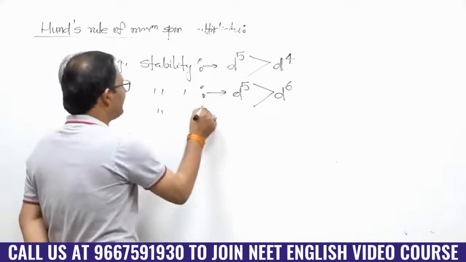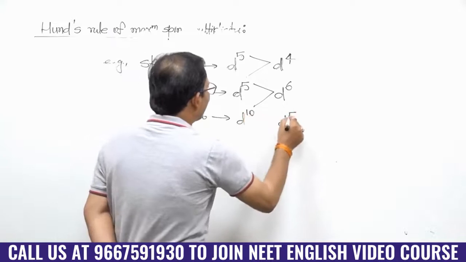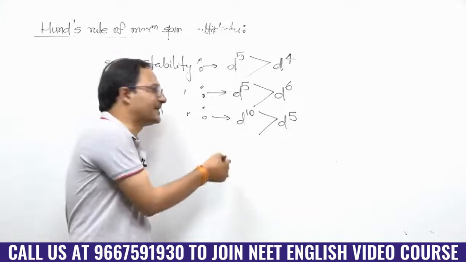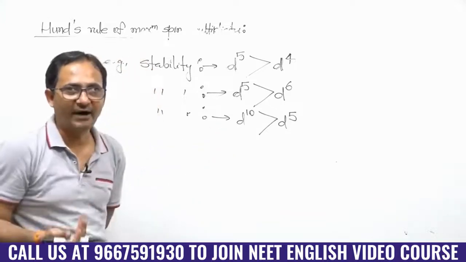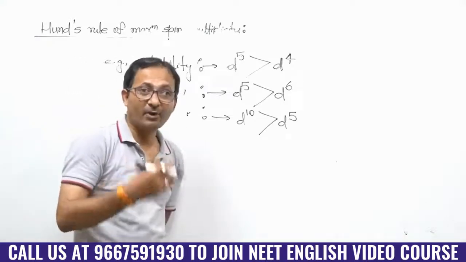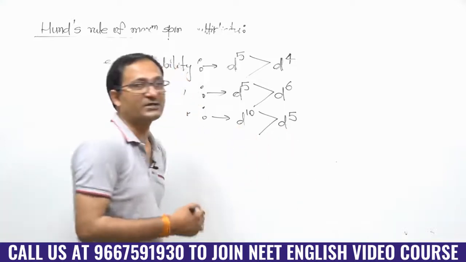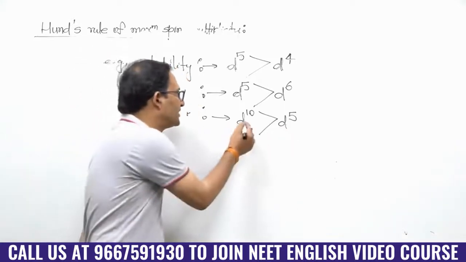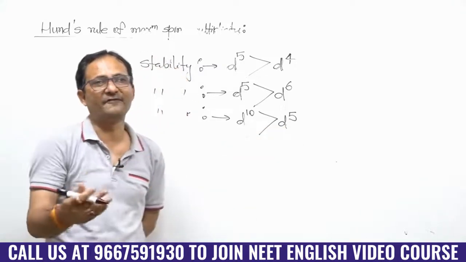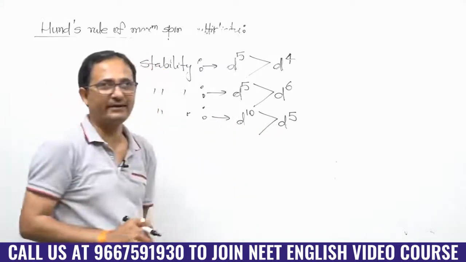Now if I say compare the stability of D10 and D5, obviously D10 is more stable than D5, and the reason behind this is only the number of exchanges. Don't use the concept of symmetry here, because D10 is fully filled and D5 is half filled, and both fully filled and half filled have symmetry, so the concept of symmetry can't be applicable here.